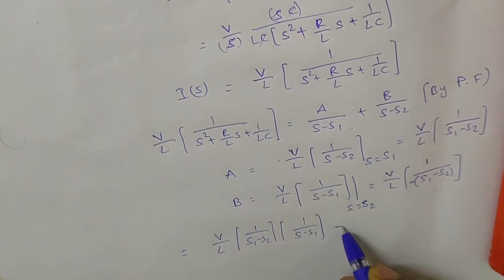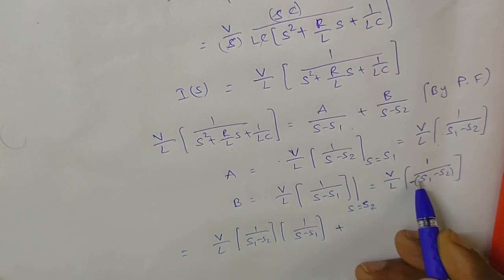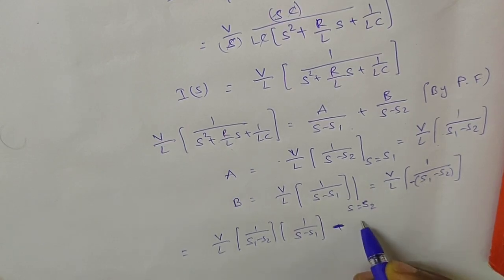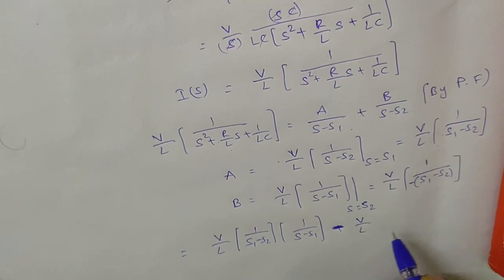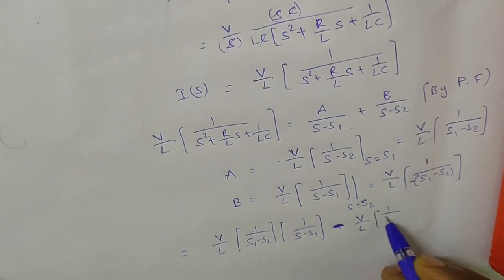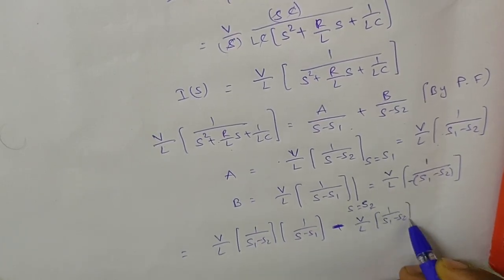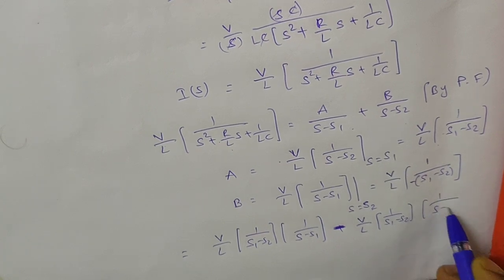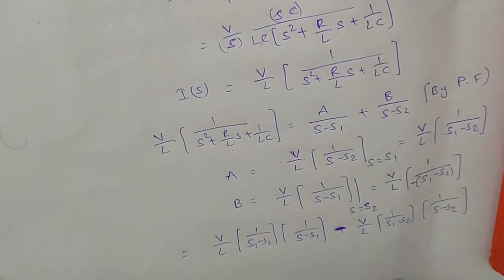This is the first expression, plus B. Here we write it as minus, so we will take minus V by L, S1 minus S2 into 1 by S minus S2.